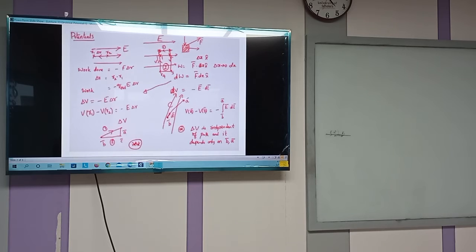This work done equation can be written in terms of voltage as well. So dV is equal to minus E times dL.